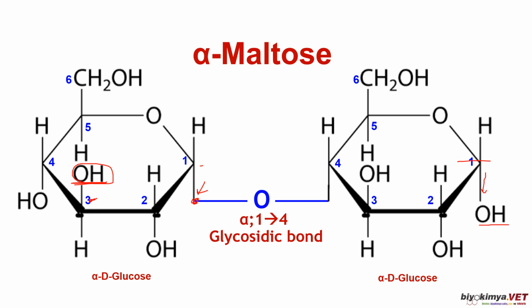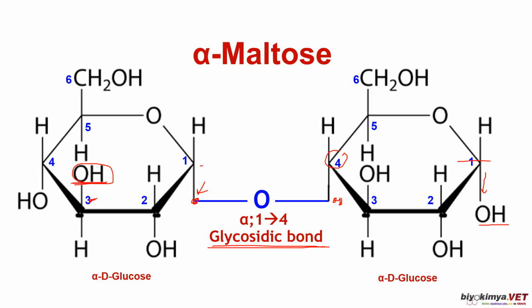This is alpha D glucopyranose, alpha D glucopyranose, and this is an alpha 1,4 glycosidic bond. On the fourth carbon here, there is a hydroxyl group, a secondary alcoholic group. So alpha 1,4 glycosidic bond.